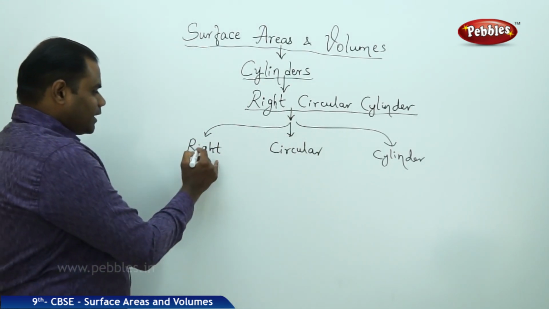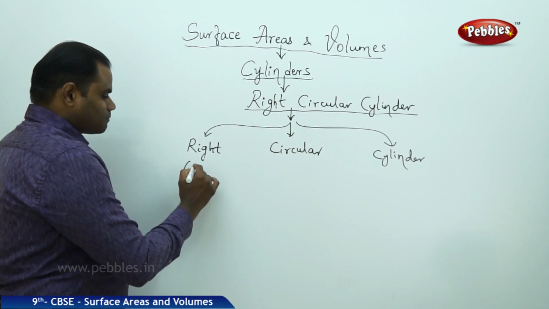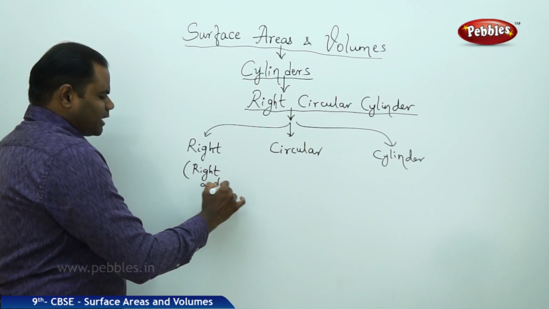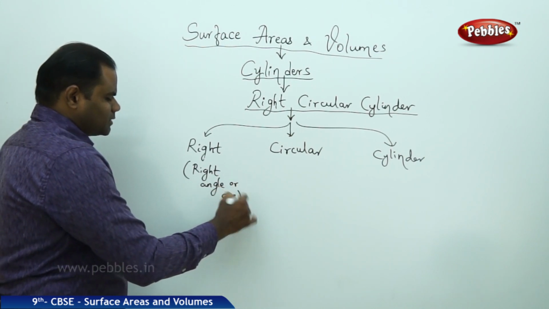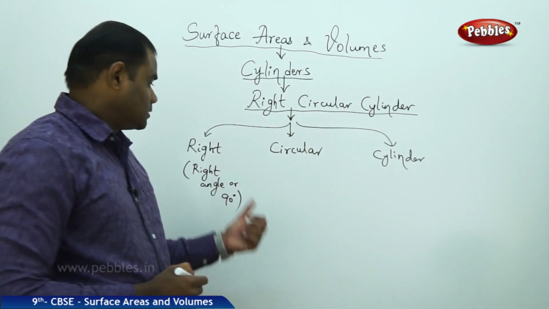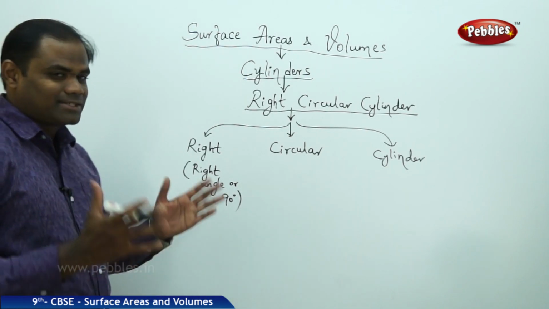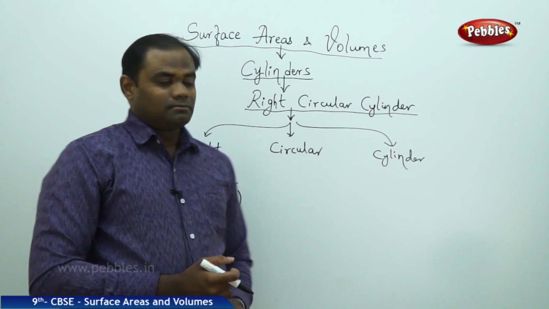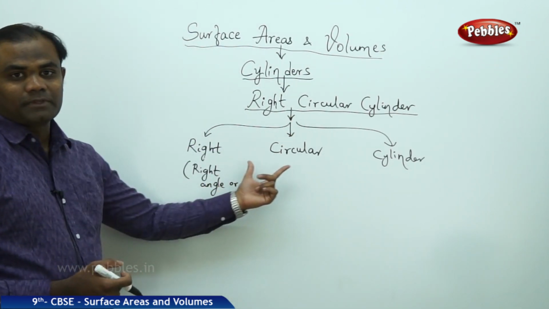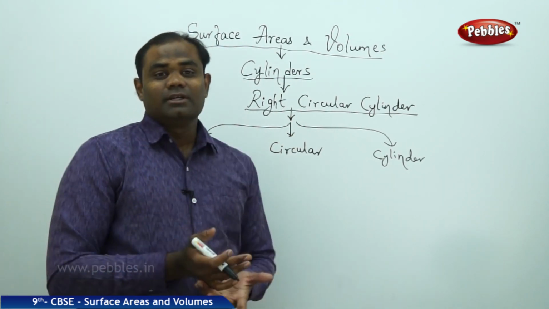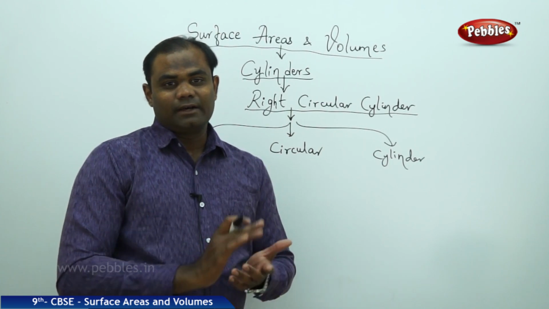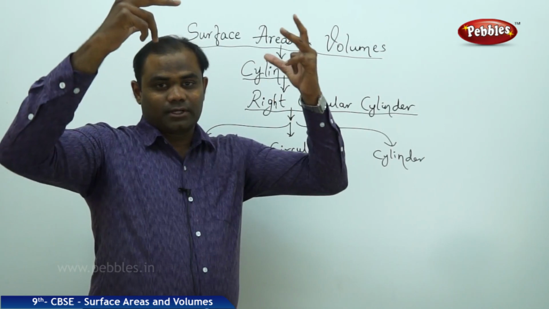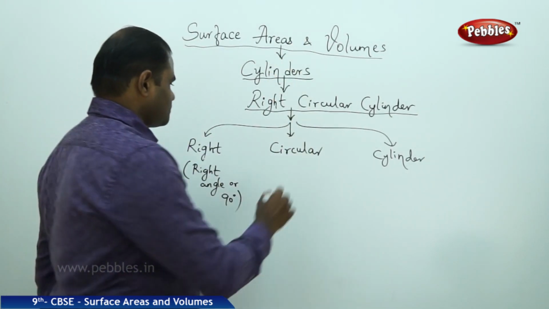Right in mathematics means the one which is at a right angle or 90 degrees. A cylinder which is exactly straight at 90 degrees is called a right circular cylinder. And of course, the cylinder must be circular. It cannot have a different shape other than each of the circles being constructed to form a cylinder.